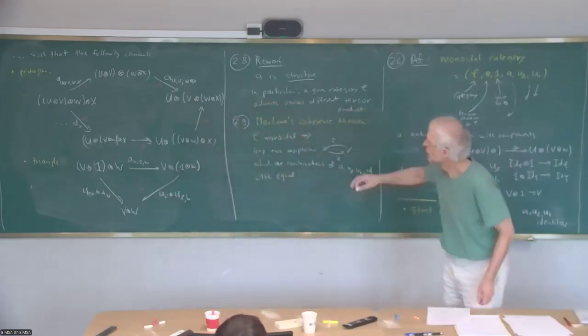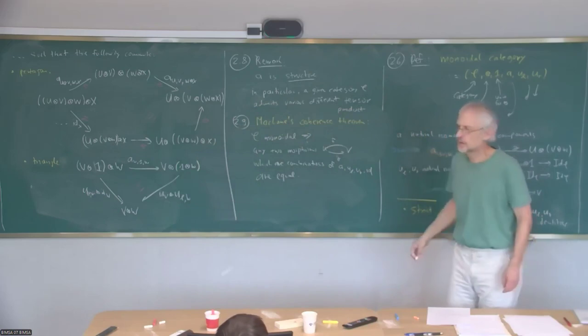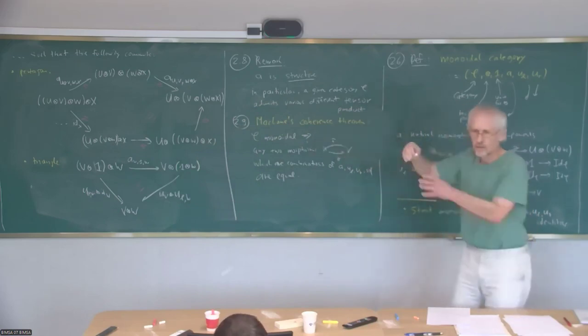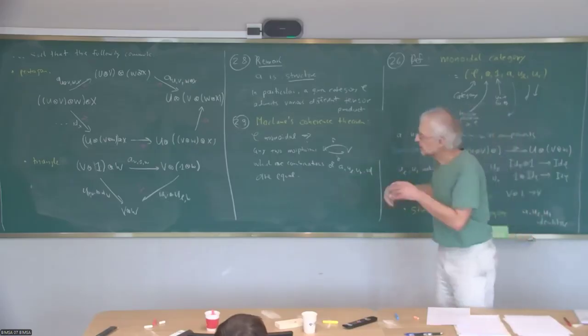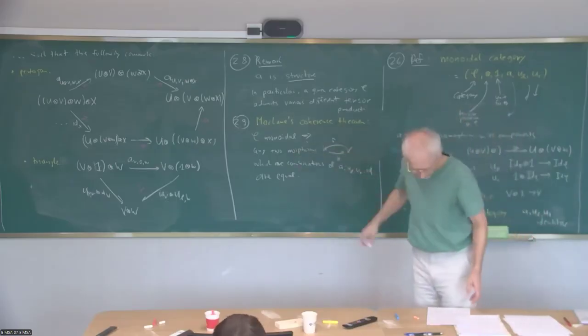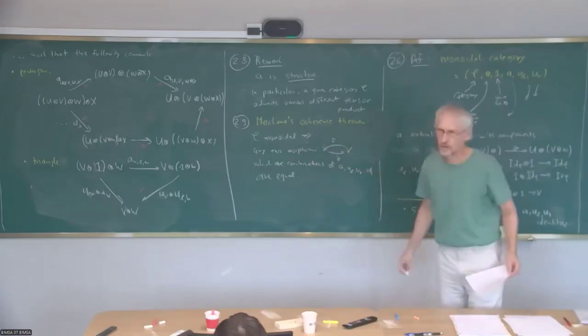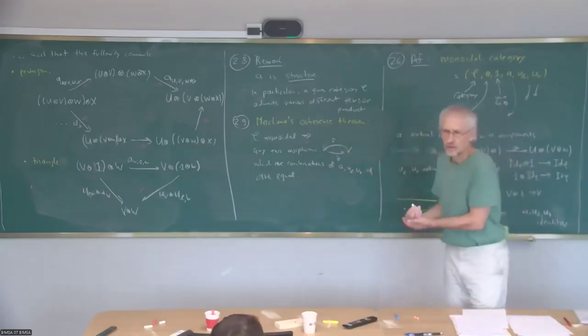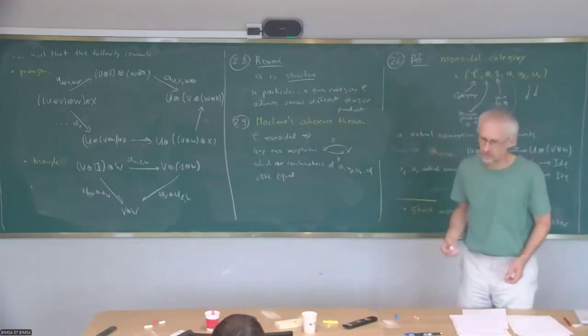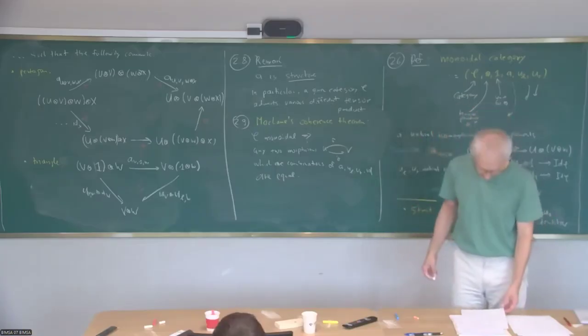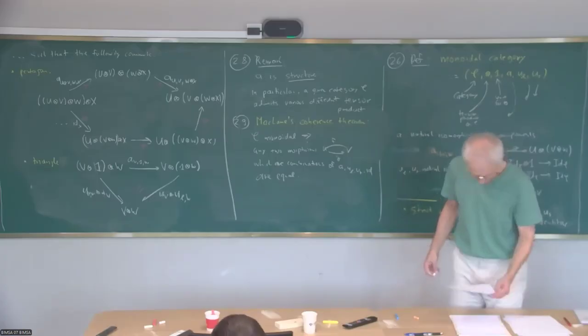So if I take anything more complicated, I can use the pentagon several times, and triangle if needed, in order to show that the corresponding complicated diagram that I might start with actually automatically commutes. No requirement for that.